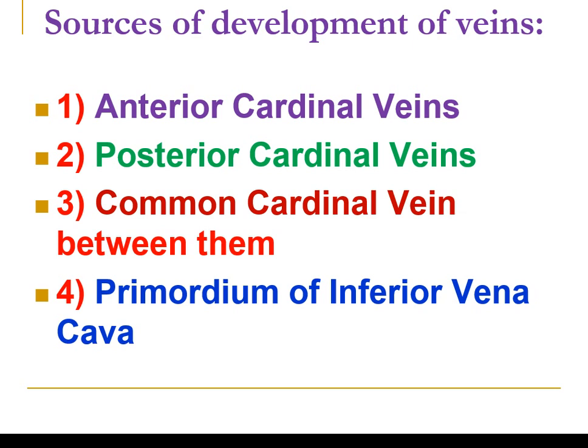So, sources of the development of the veins. We know the superior vena cava, inferior vena cava, and portal veins. Their sources are the anterior cardinal veins and posterior cardinal veins of the embryonic period, and between them forms the common cardinal vein.